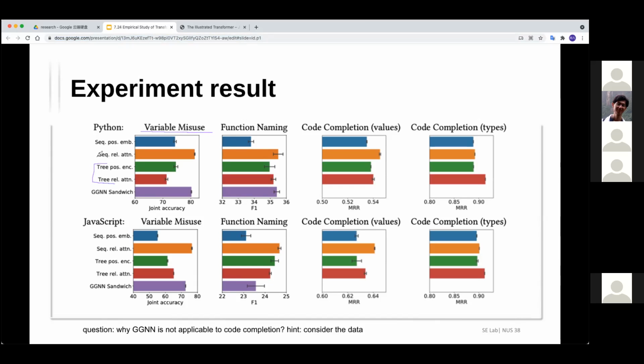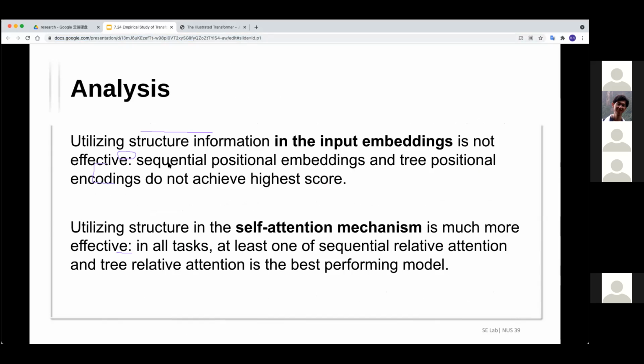But if you use the sequence relation attention, meaning you do something on attention, it is much better. So the paper thinks that utilizing the structure information in the input embedding is not effective, but if you utilize the structure in the self-attention mechanism, it will be much more effective.